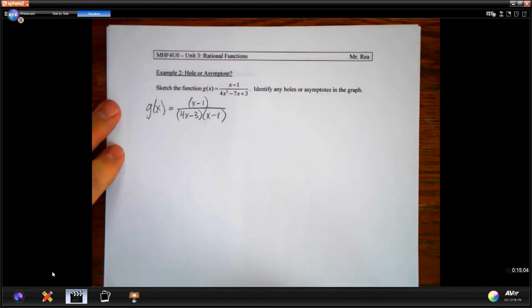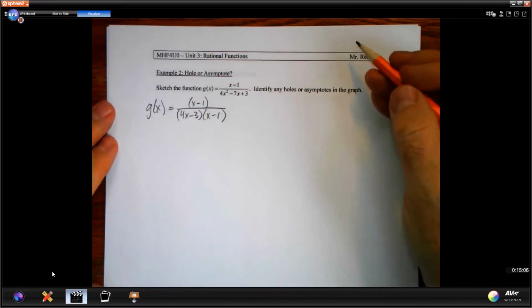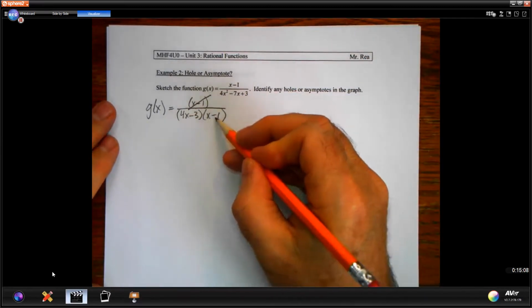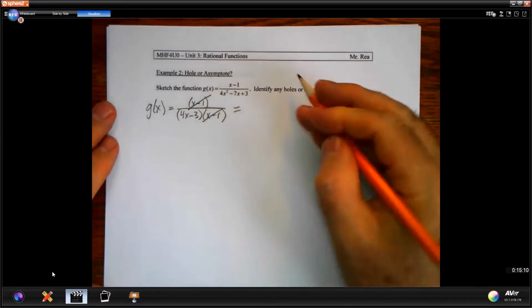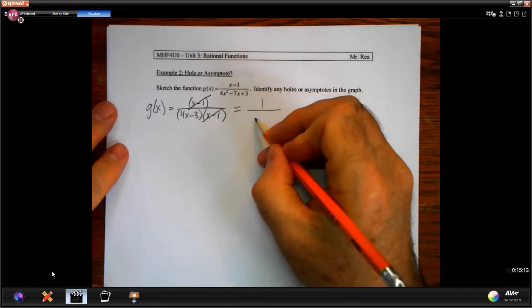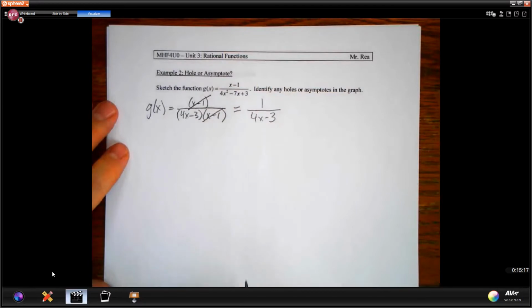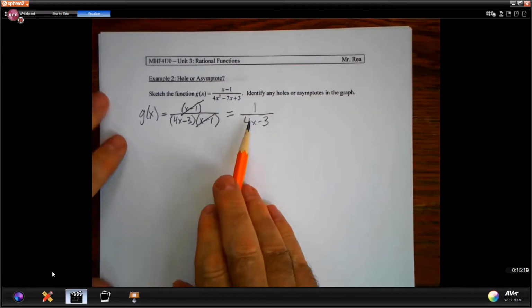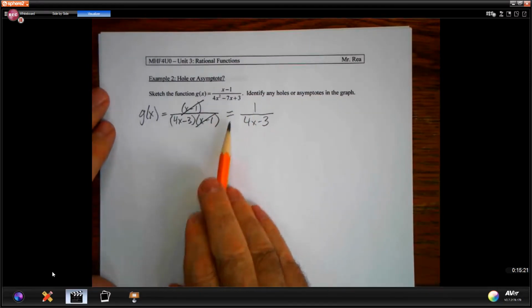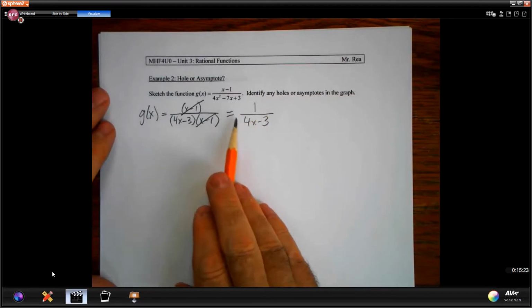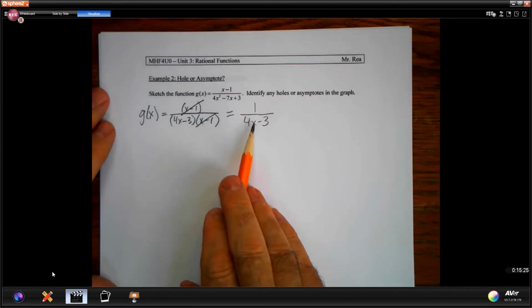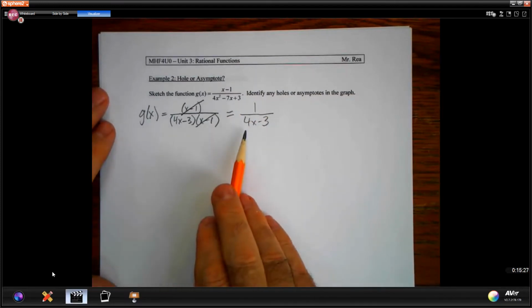And yes, I do have matching factors, top and bottom. I can cancel those. So effectively, my function becomes 1 over 4x minus 3. Now this time, this did not turn into a linear function, so I will have a graph that has attributes of a rational function. So I'm going to have to do that necessary work.